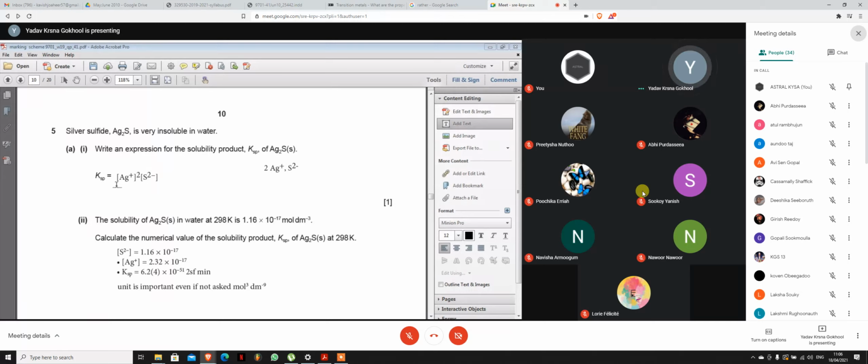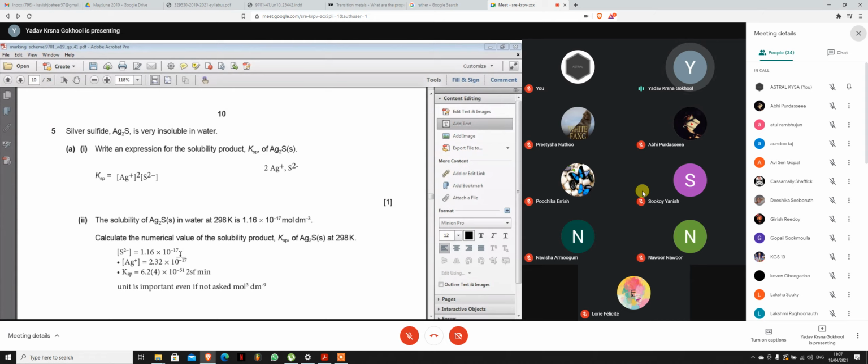Okay, but when we are working it, we have to be very careful. Here, you will see Ag2S presents 1 mole of S2-. So the concentration of Ag2S and of S2- will be the same.